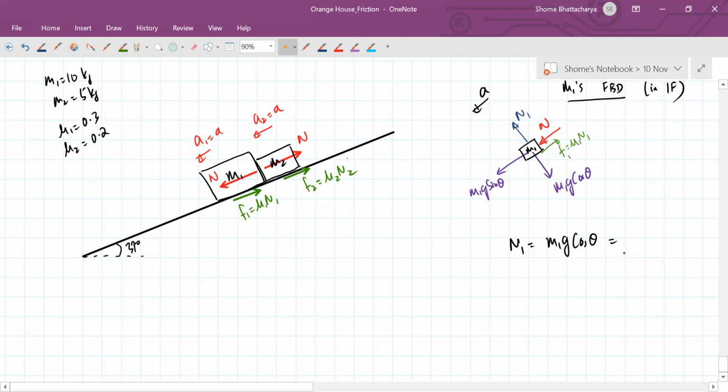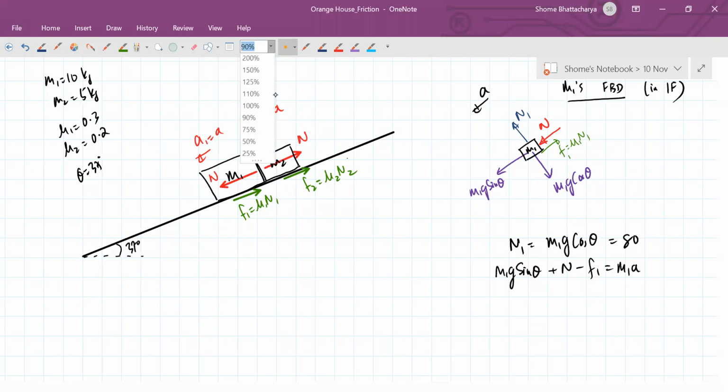So this is 100 into cos 37, theta was 37, so 80 newtons. And we will have m1g sin theta plus N minus f1 is equal to m1a.